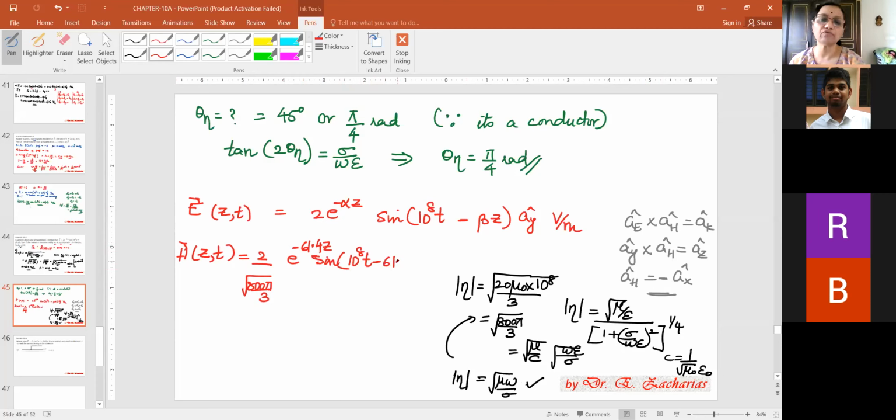Beta was 61.4 z, and the direction which we got from here is minus a x cap. So put that minus here. And the unit is ampere per meter. That's it. Take out your calculator. Just evaluate minus 2 divided by under root of 800.